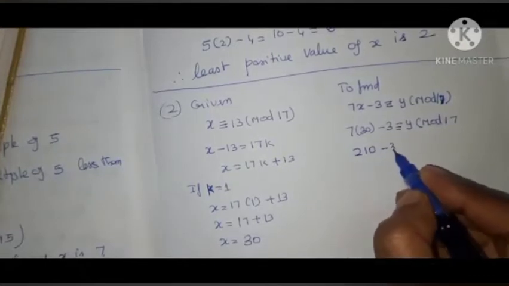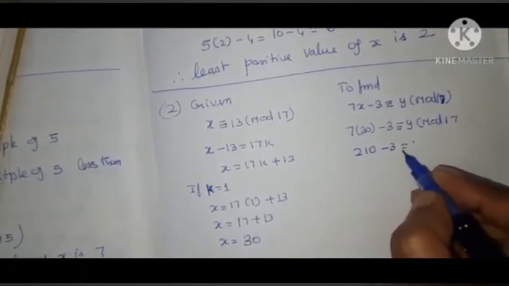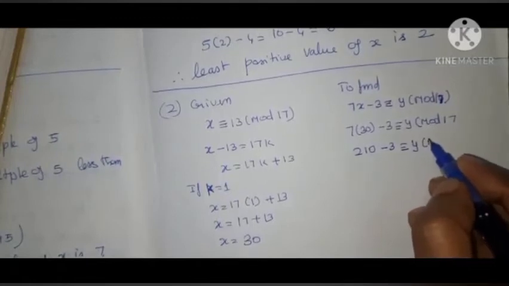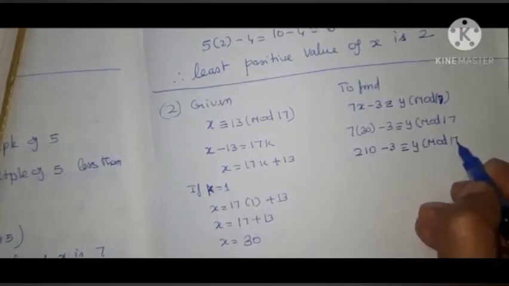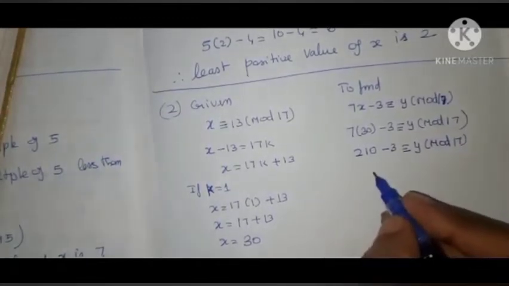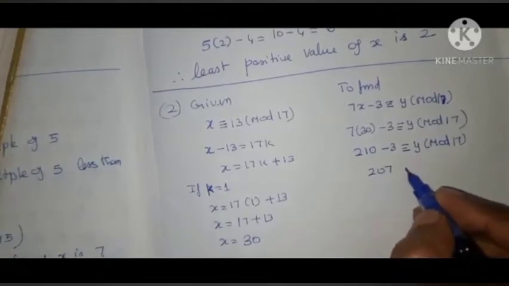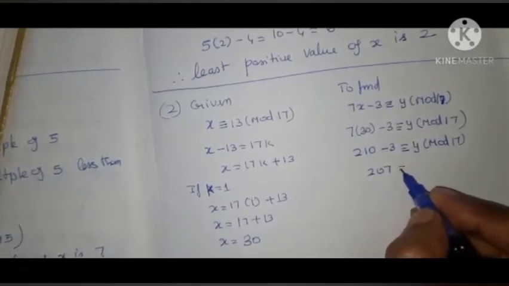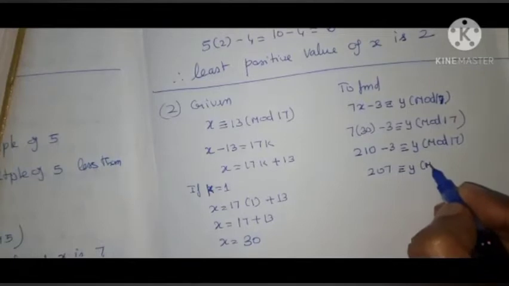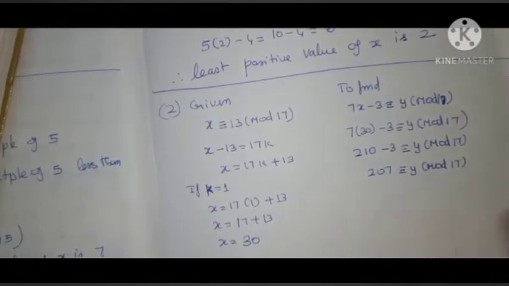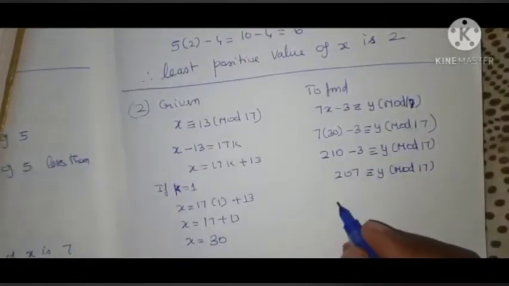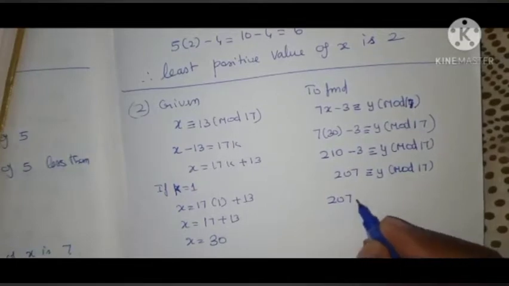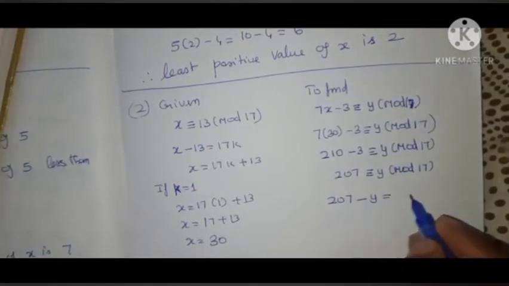7 into 30 minus 3: 210 minus 3 is 207, congruent to y mod 17. 207 minus y is equal to 17m.